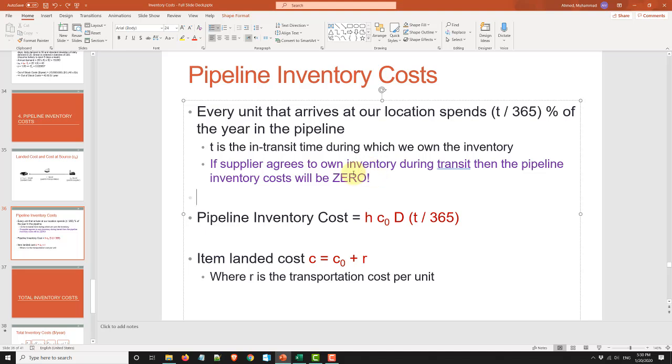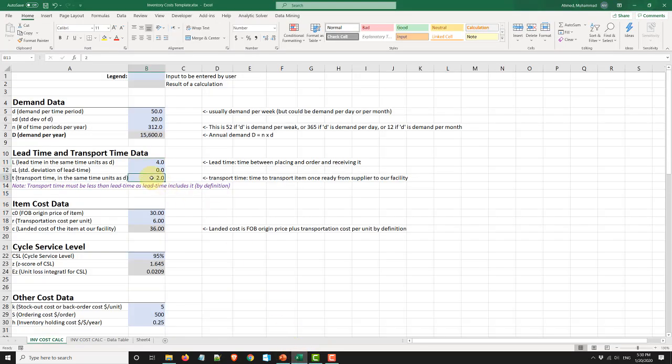If we own the inventory during transit, then we will have the transportation expense. So let's say the transportation time is 2 days. Actually, for this question, we should make it 0 because we don't own the goods in transit. So there's no transit time on our dime when we own the inventory. So we just make it 0.